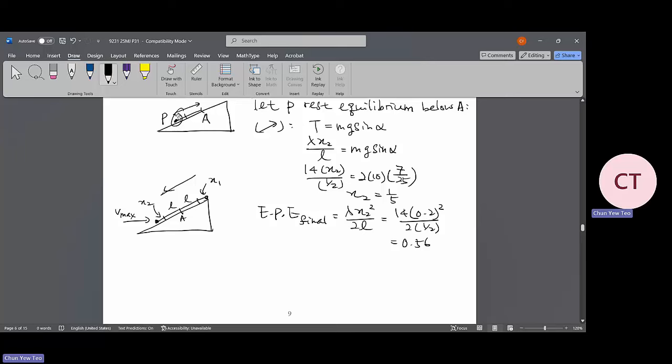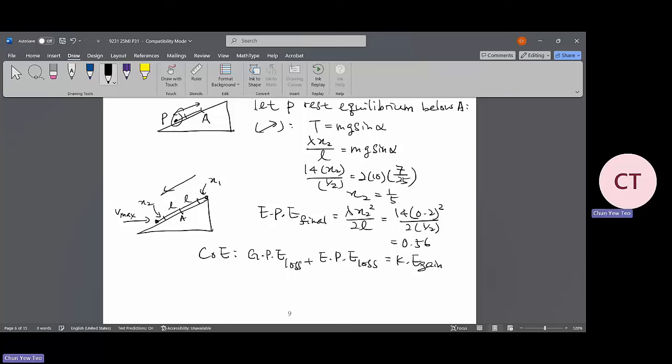So you can see that the EPE actually lost. According to the conservation of energy, your GPE loss, sorry, not gain, GPE loss plus the EPE loss is equal to the KE gain.